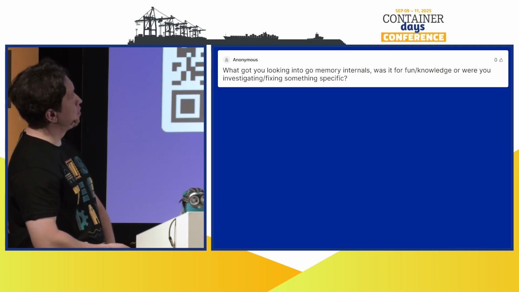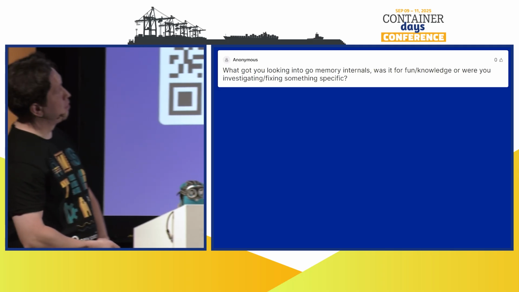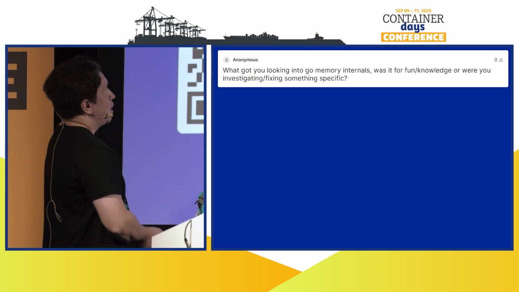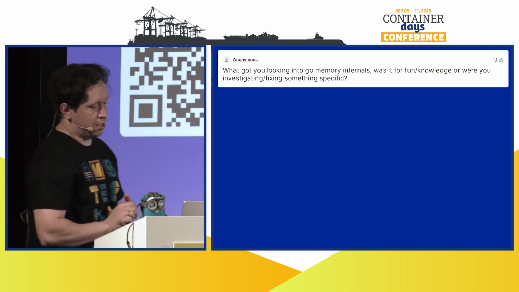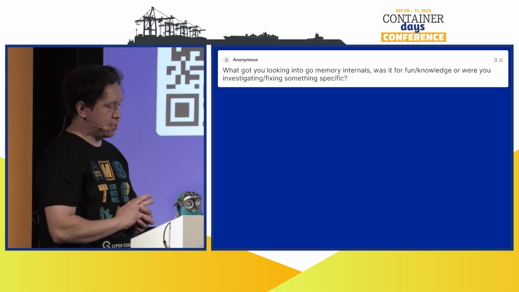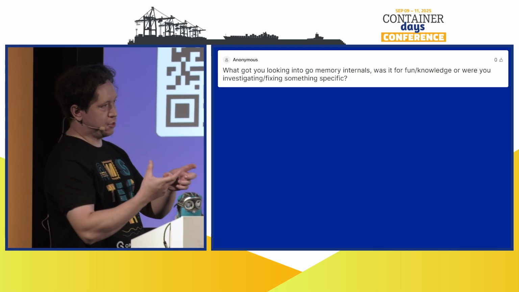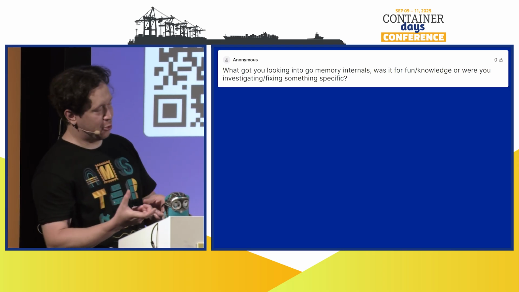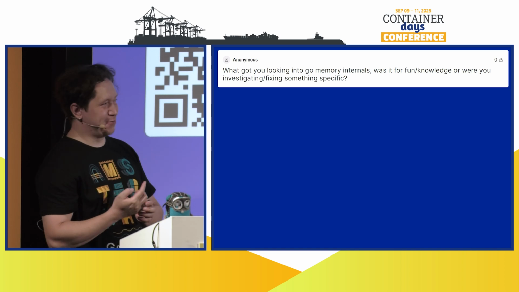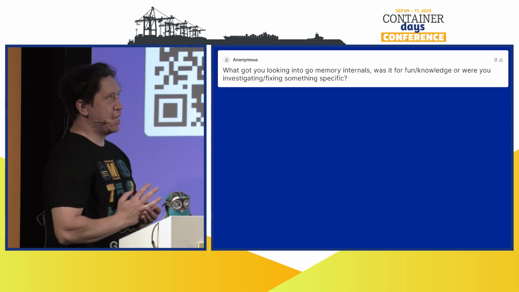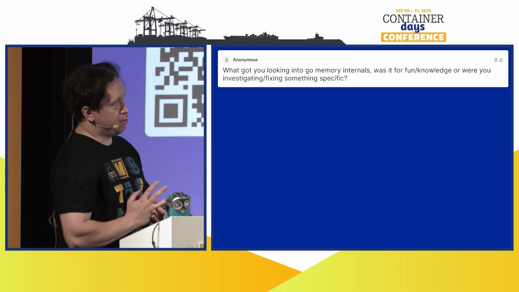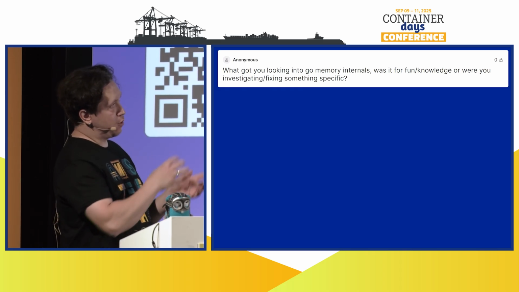What got you looking into Go memory internals? Was it for fun, knowledge, or were you investigating or fixing something specific? I was investigating one issue that I had in one of my projects that was a Kubernetes operator. I noticed that some of the functions there were executing slow, but not really that much slow. The idea was that I was passing some objects back and forth, and they were all allocated to heap.